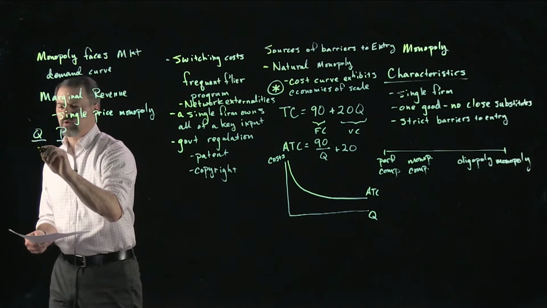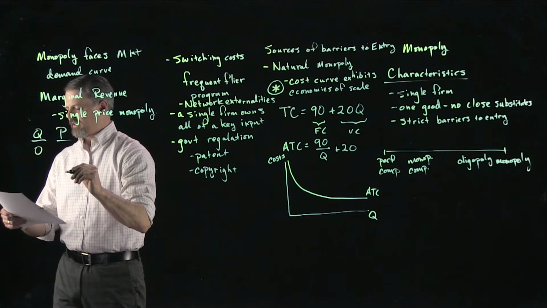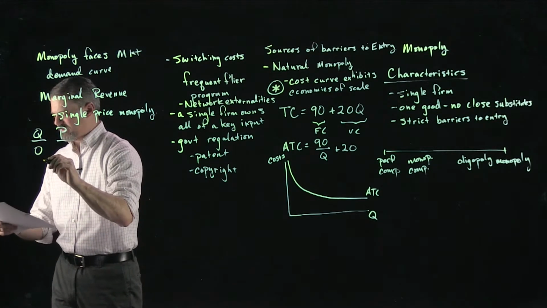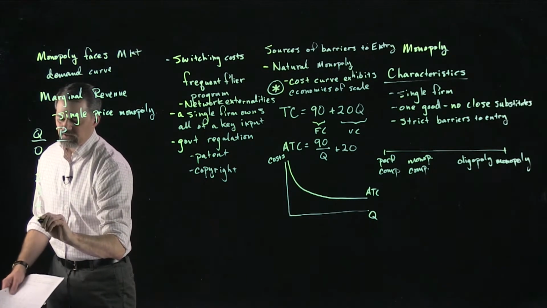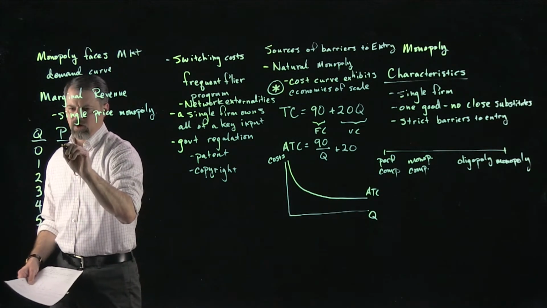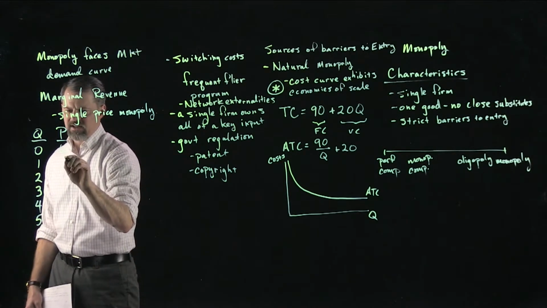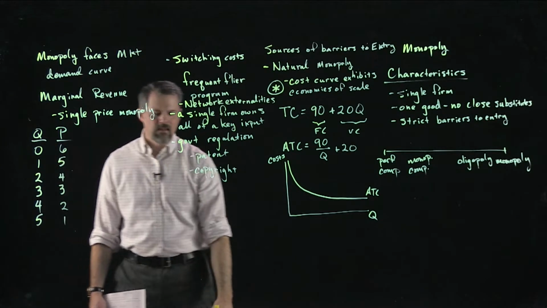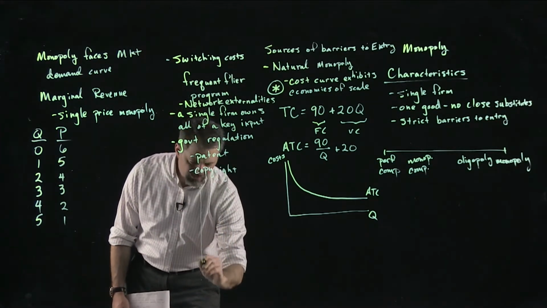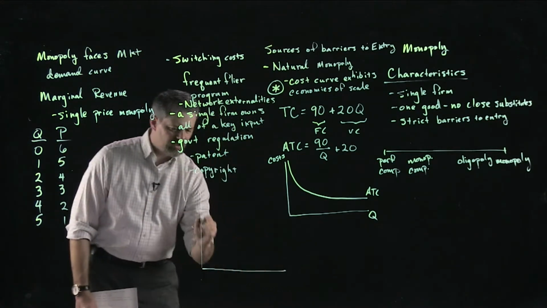Let's just review quickly. Let's think about a demand curve that looks like this, quantities 0 up to 5. And let's put our prices at 6 going down by $1 each time, down to 1. If we were to draw that market demand curve, it would look like this.